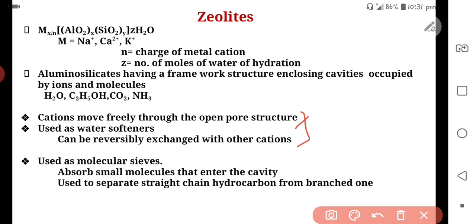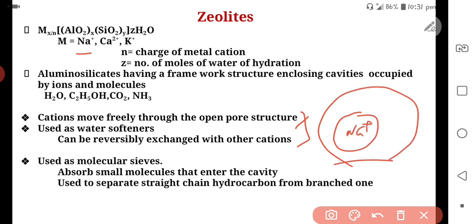Because you see here they have Na plus ion. When we pass hard water through the zeolites, what is the peculiarity of hard water? Hard water contains calcium 2 plus and magnesium 2 plus ions. Suppose this is a zeolite cavity having Na plus ion, and we are putting this in hard water.